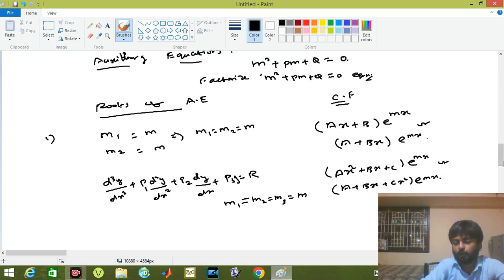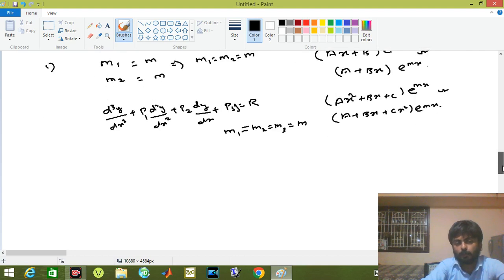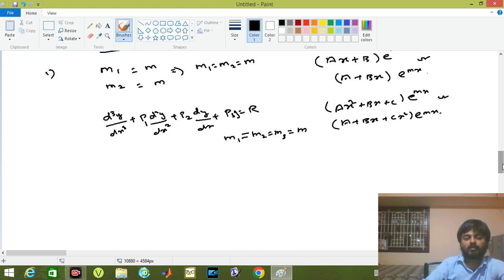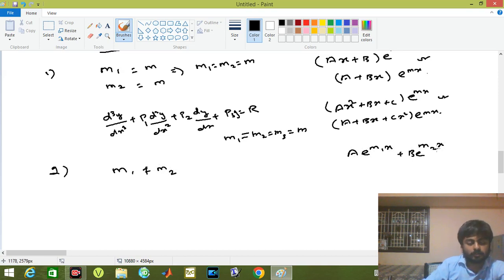Suppose your roots are different, what will be your complementary function? That is what we are going to see. Here m1 not equal to m2, so you will have A e power m1x plus B e power m2x.